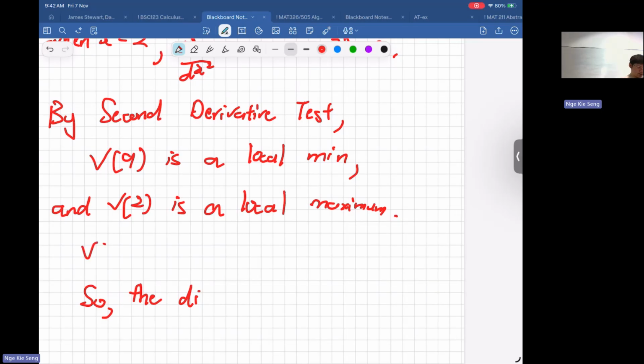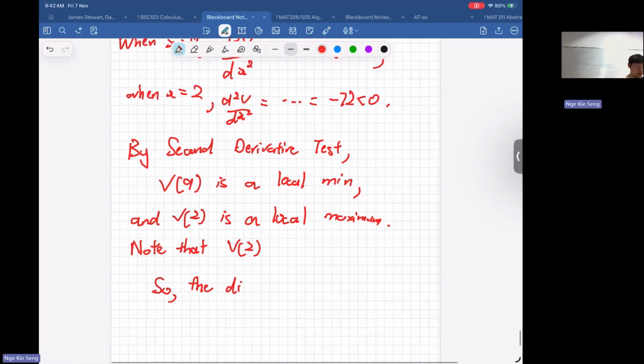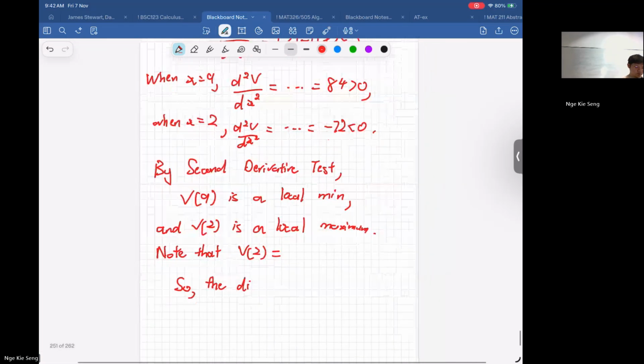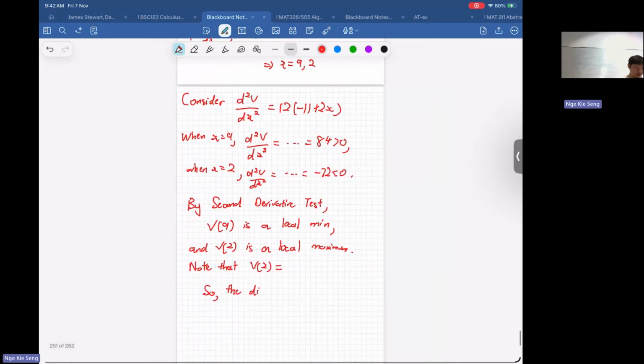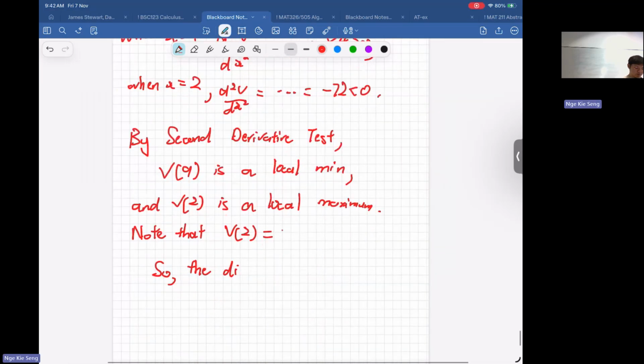So what is V(2) here? It is the substitution that you have to do: 2 times 108 times 2 minus 24 times 2 squared minus 9 times 2 squared plus 3.